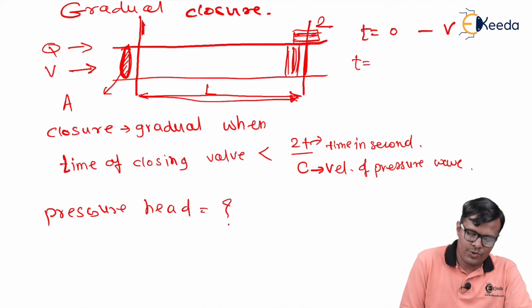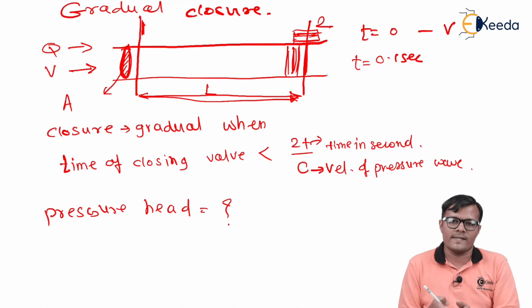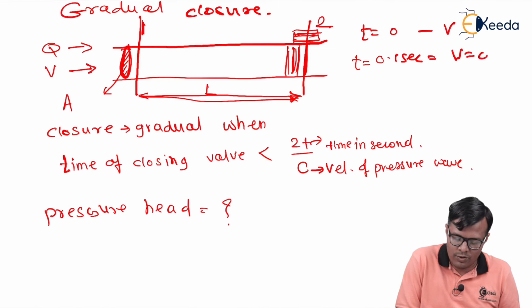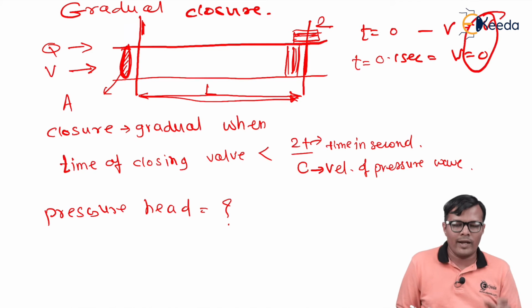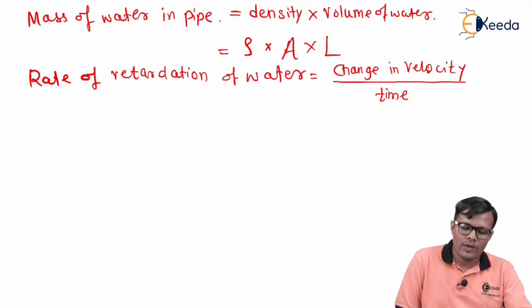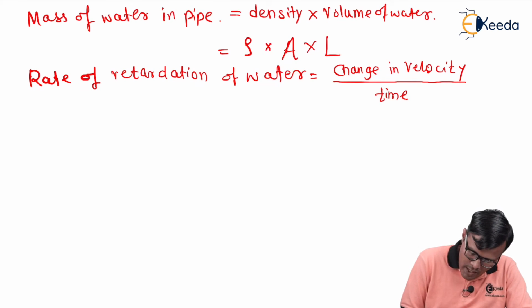At t equal to say 0.1 second, in 0.1 second the wall is closed, so velocity becomes v equal to 0. So this change in velocity occurs in very less time. So change in velocity divided by time gives us the value of retardation. So that will be equal to v upon time.